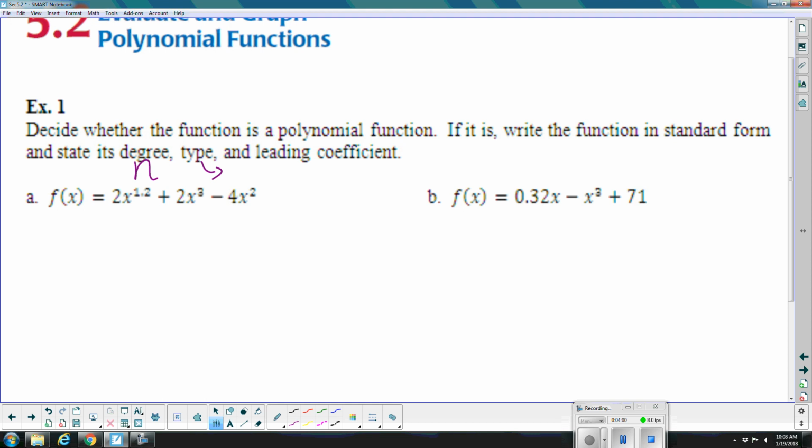So what does the n mean? If n is 3, for example, it would be a cubic polynomial function, or if 2, a quadratic. And then our leading coefficient is the last question. Our leading coefficient is our a sub n term, so that's the coefficient in front of our largest exponent.